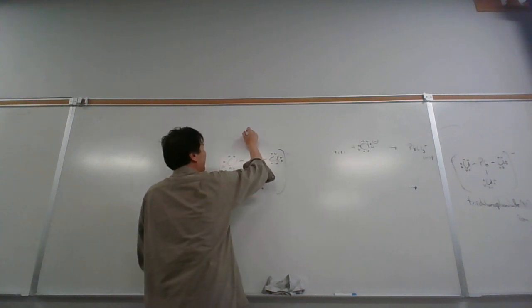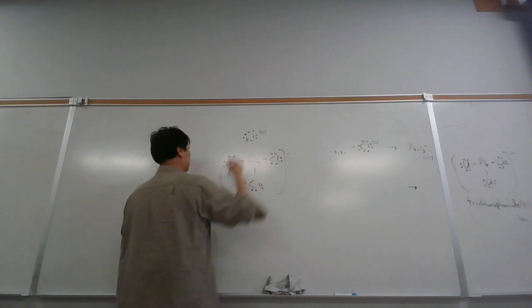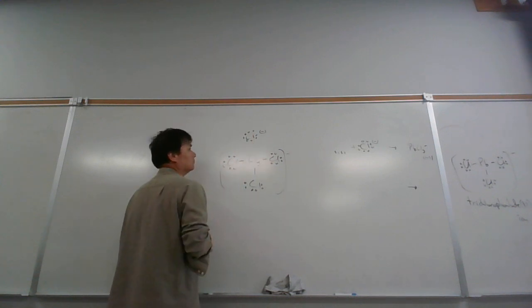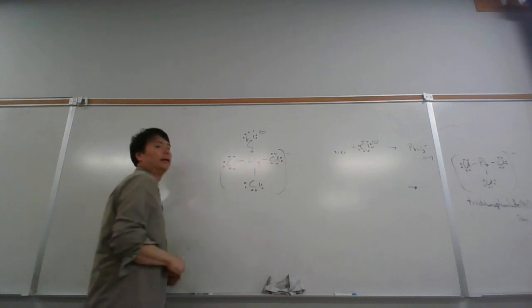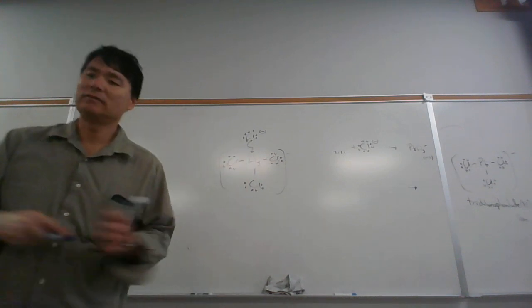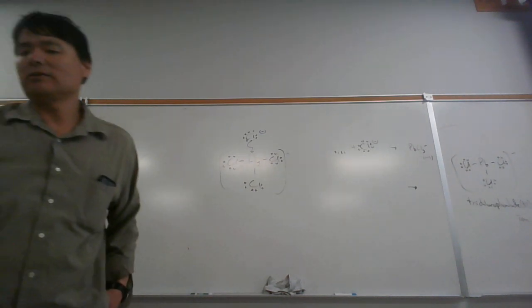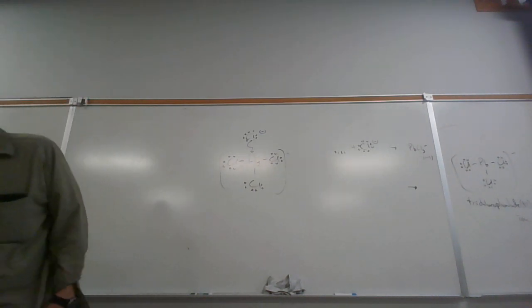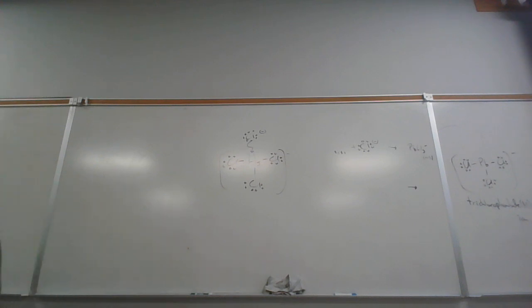But in this case, a fourth chloride is going to come in here and attack it. Here, nothing's going to have to leave. For these complexes, valence bond theory does not work. For complexes, we can only use molecular orbital theory.